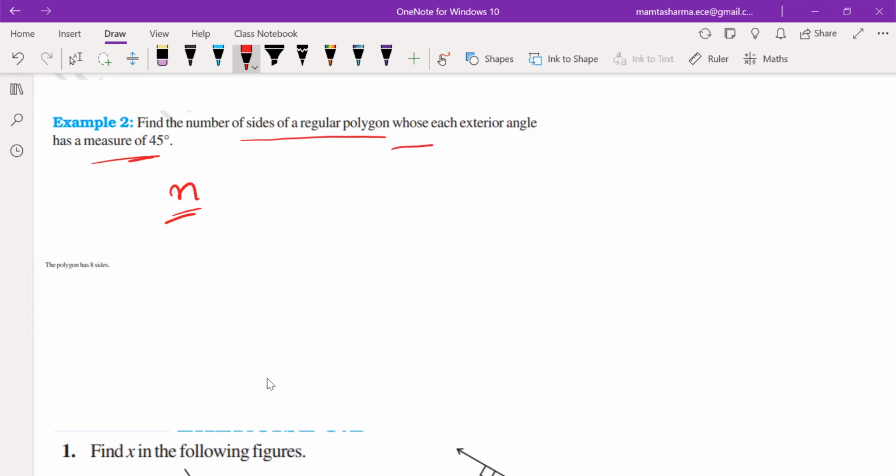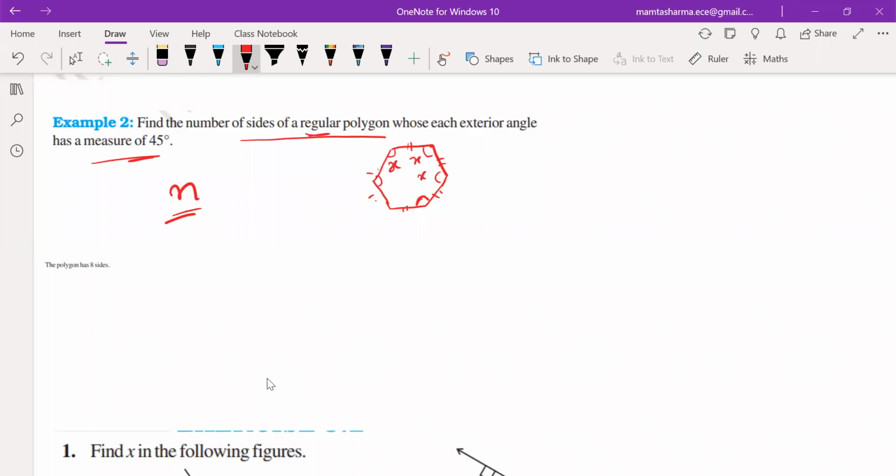See, draw any polygon. Regular means all sides are of equal length. Suppose I am drawing this polygon. Regular means all sides are equal and all angles are equal, and let's suppose these angles are x.